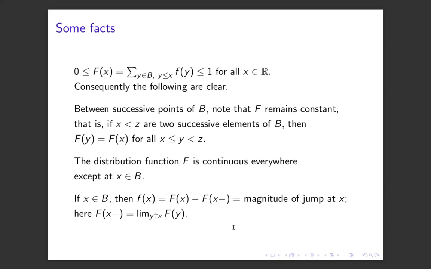Again, you have seen this in your earlier course. So at the point z in this case, the possible jump at z will precisely be little f at z, that is the probability that the random variable X takes the value z. So at points in the range B, capital F will have a jump, and the magnitude of the jump is precisely little f at x.